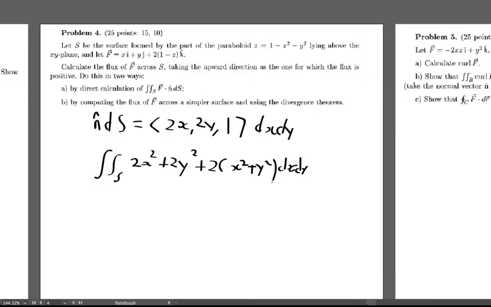Okay, so when you just figure this out, you would get this double integral of the surface of 4 times (x squared plus y squared) dx dy.